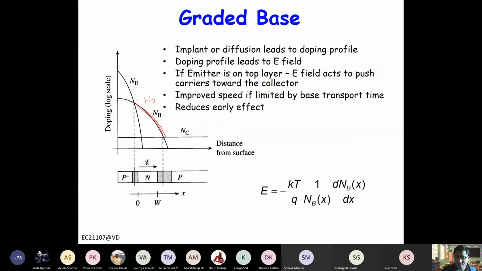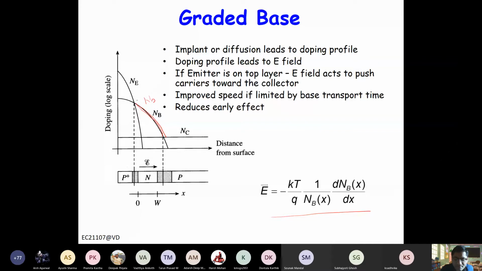One way, of course, is simple: you write the equilibrium equation, and when you equate it to 0, you get this kind of expression. If it is doped with acceptors, you will have a plus sign here, and if it is doped with donors, you have a negative sign here.